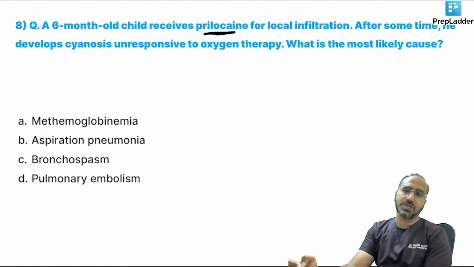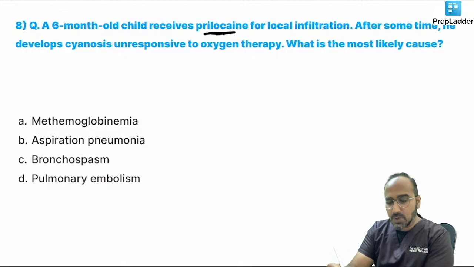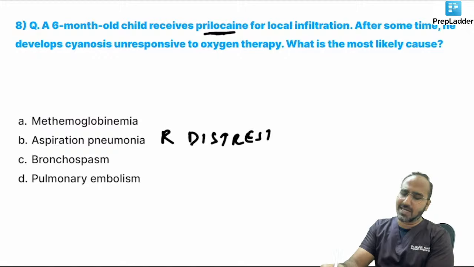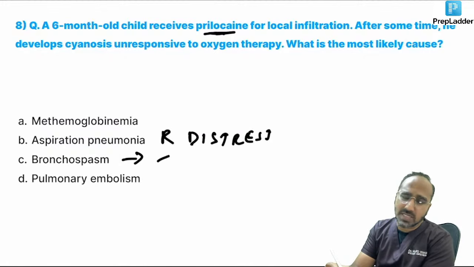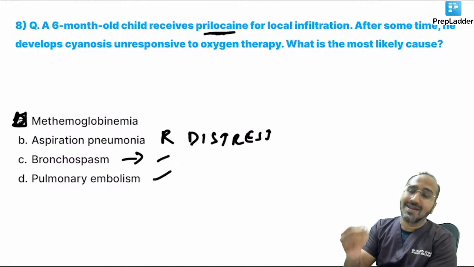Remember guys, it cannot be aspiration pneumonia. Why? Because if it is aspiration pneumonia, the patient will have respiratory distress but will respond to oxygen therapy. Bronchospasm, if at all it is there, he will still respond to oxygen therapy. Pulmonary embolism is very rare in children and infants. So again, it cannot be that, but even if it is there, it will respond. What is the thing which is not responding?